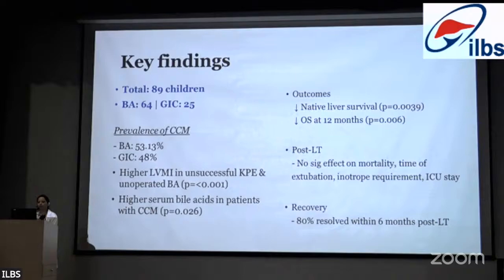CCM was measured with left ventricular mass index, which was found higher in unsuccessful Kasai and unoperated biliary atresia. Higher serum bile acid was also seen in patients with CCM. There was decreased overall survival at 12 months. However, post-LT, there was no significant effect on mortality seen in this study, and most of the patients recovered after 6 months.